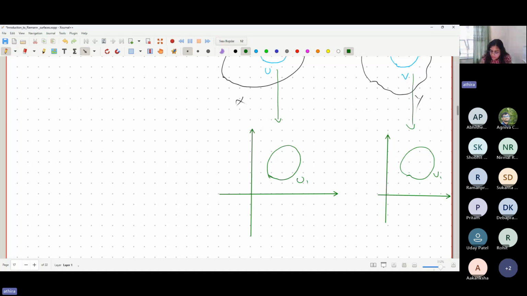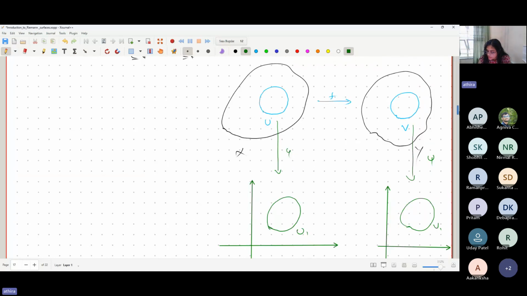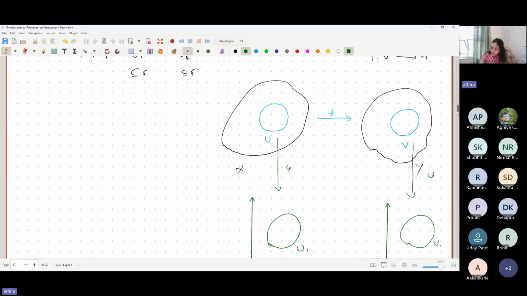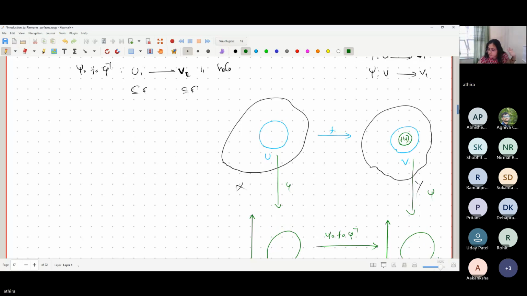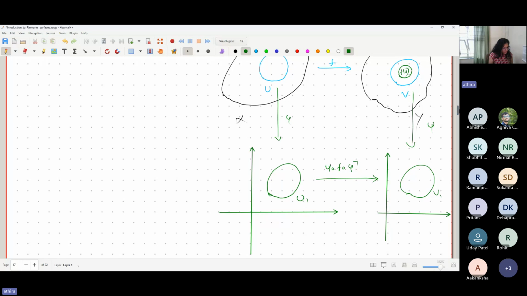This is phi, and this is psi. We will say f is a holomorphic map if the composite map psi composed with f composed with phi inverse is holomorphic in the usual sense. Fine.